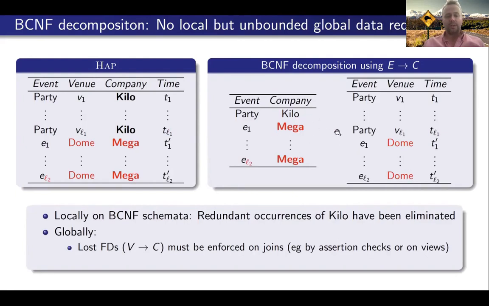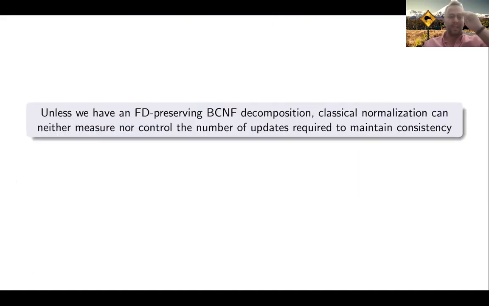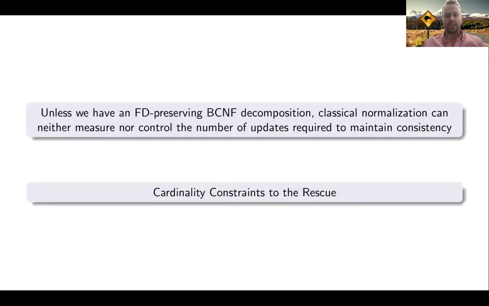And of course, that would still have to be enforced on joins, for example, by assertion checks or on views. Otherwise, this would lead to inconsistencies in here. So updates are still required in L2 positions, which is still unbounded globally. So unless we really have an FD-preserving BCNF decomposition, classical normalization can neither measure nor control the number of updates required to maintain consistency in general.